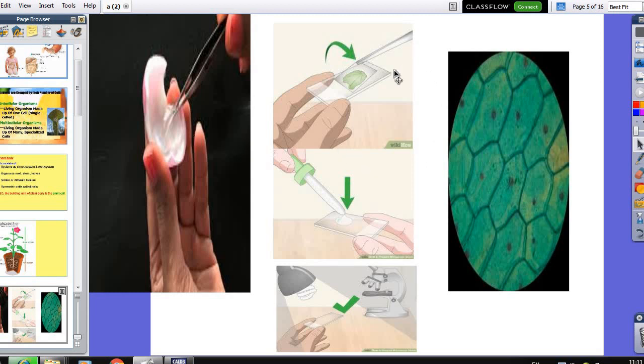Here we have slides. Here you will extract the transparent epidermis tissue which covers the inner leaf of the onion, and put it on a slide. Fix it with water, put it under the microscope and examine it.